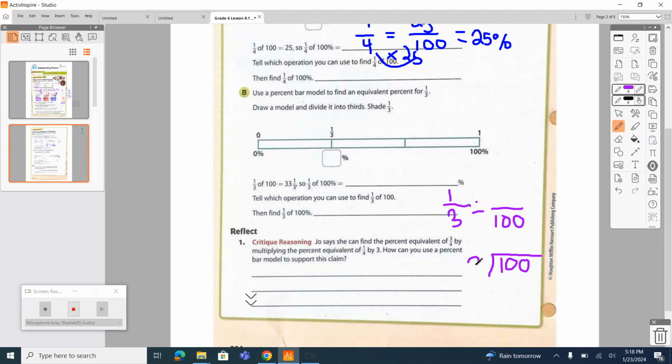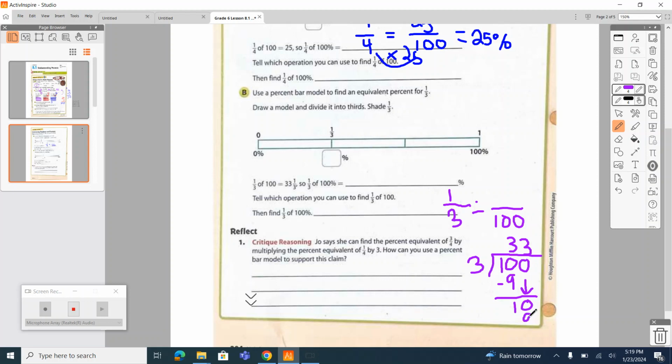3 doesn't divide into 1, but 3 does divide into 10 3 times. 3 times 3 is 9. Subtract, bring down the 1, subtract, bring down the 0. 3 goes into 10 3 times. 3 times 3 is 9.